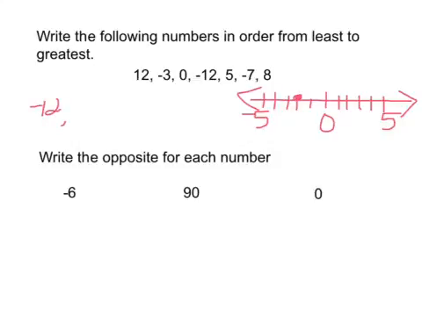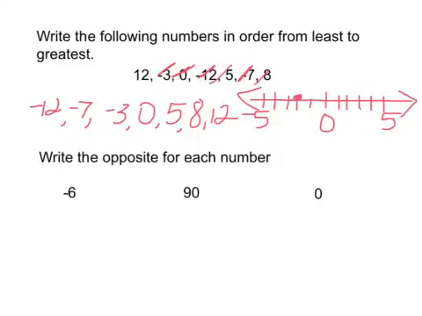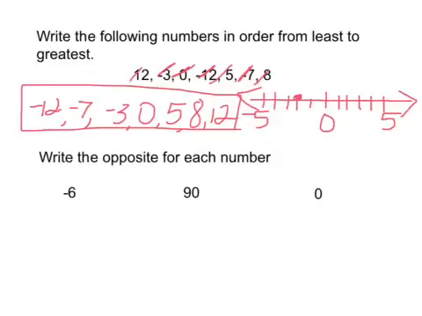Next would be -7, and then -3. 0 would be in the middle. And then we have our positive numbers, which I don't imagine there being any trouble placing in order from least to greatest. So there we have it. We have those numbers in order from least to greatest. Just try to remember that the further you go right, the bigger the number gets. And if you get stuck, draw a number line. You can draw a number line for any of these kinds of problems to help you.